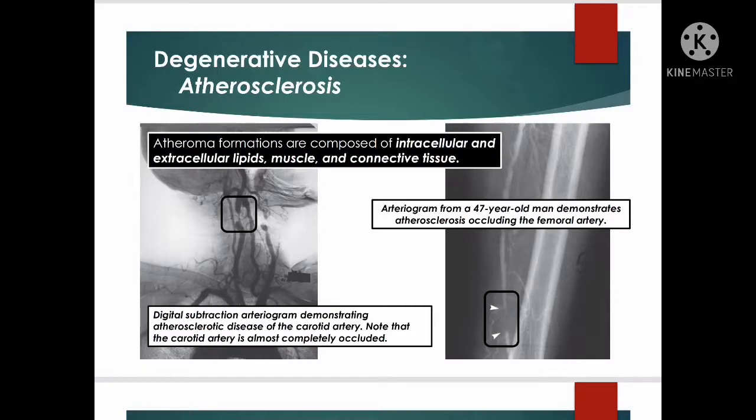And the risk factors that can be altered are the serum low-density lipoprotein, reduced levels of HDL, hypertension, cigarette smoking, obesity, and sedentary lifestyle. So atheroma formations are composed of intracellular and extracellular lipids, muscle, and connective tissue.